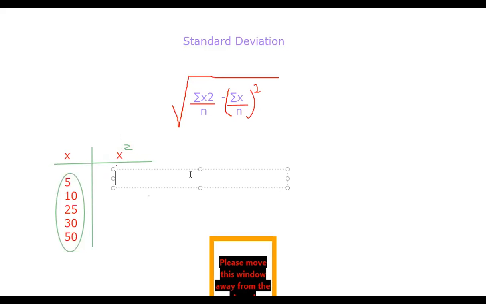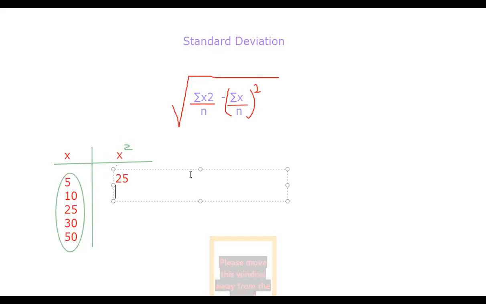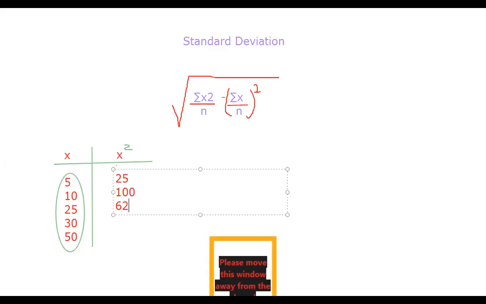Usually our friends do 5 plus 5 for x square, but it is not 5 plus 5, it is 5 into 5, that is 25. Next, 10 into 10, that is 100. Then 25 into 25, that is 625. And 30 into 30, that is 900. Then 50 into 50, that is 2500. So this is our x square.